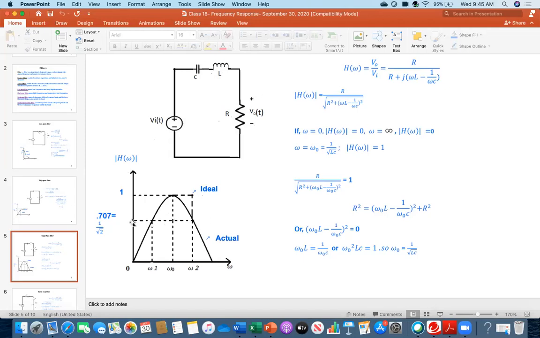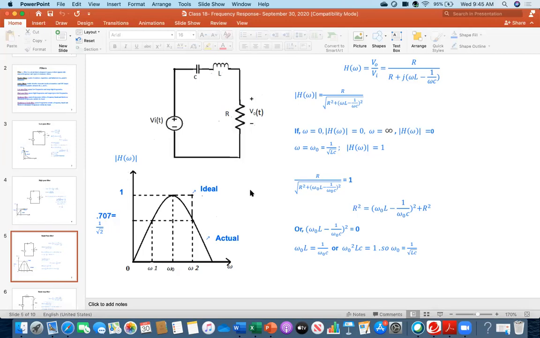That is pretty interesting. It is not that this point is 0.5, but if you calculate the power, you will get exactly half the power. Accordingly, omega 1 and omega 2 are called the half power frequencies. This is called the resonant frequency or the cutoff frequency, but omega 1 and omega 2 are called the half power frequency or half power point, because power will be exactly half, although the transfer function value is 0.707.